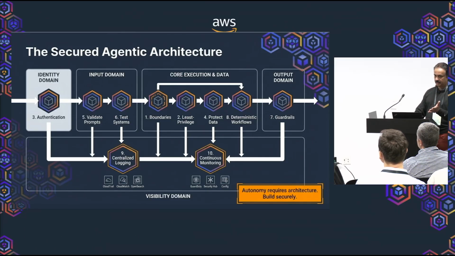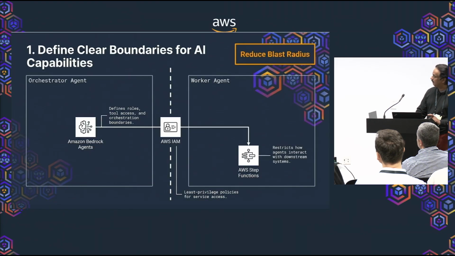I'm sure you have IAM, basic IAM. Of course you're using Bedrock agents. You're going to put in controls, set up boundaries, roles, and start using all of these services and then implement security measures across all of the services that you already have.